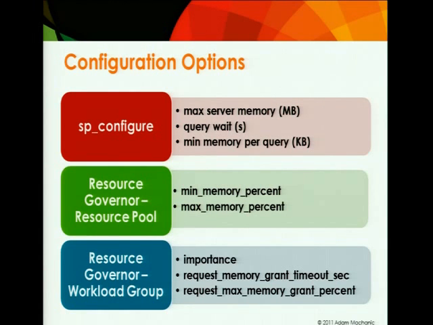By default, queries will be granted at most 25% of the available query memory. We can tweak this either up or down as needed in order to improve either concurrency or make more memory available to our queries. So lots and lots of different options here.